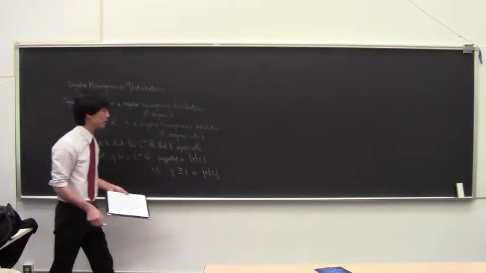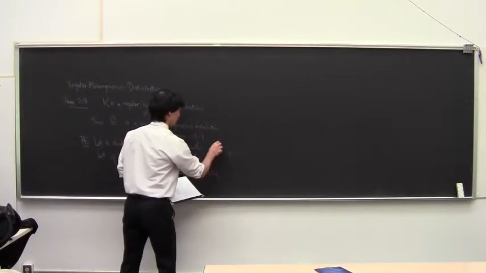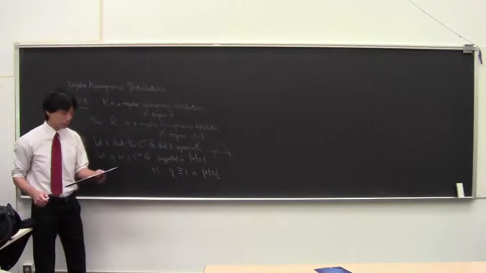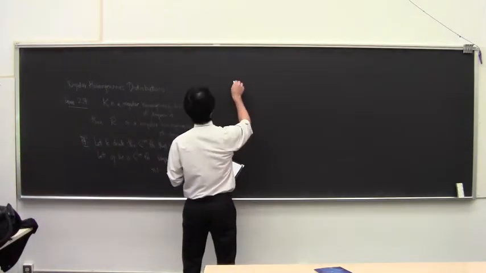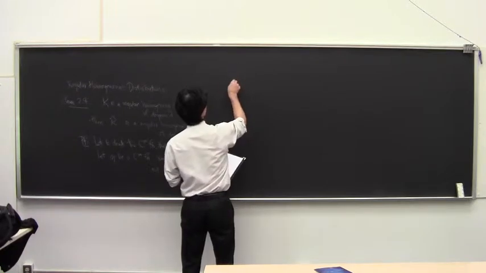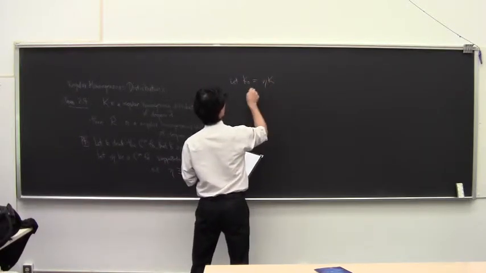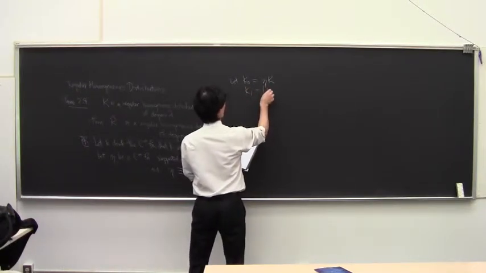So it's this bump function, and then it drops off. Then we're going to split k. Let k naught be eta k, and let k1 be 1 minus eta times k.